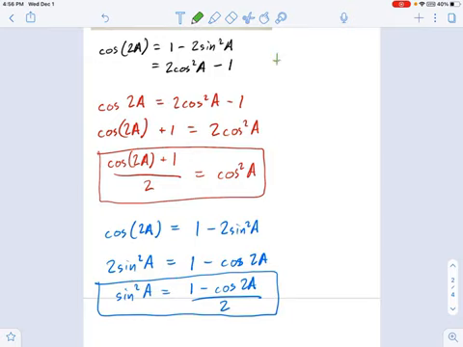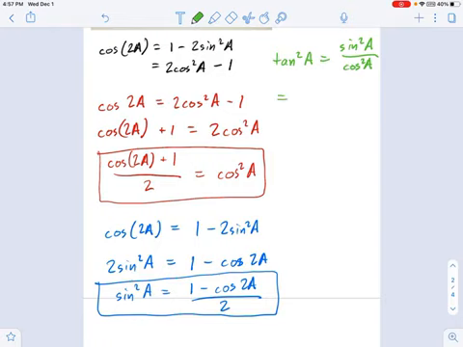The question is, what is tangent squared a? Well, we could use the quotient identity to say that's sine squared a over cosine squared a, right? And if I know sine squared a and I know cosine squared a, we could just divide those two.